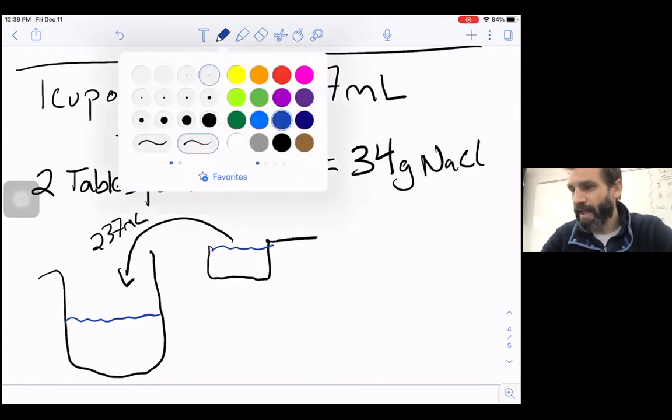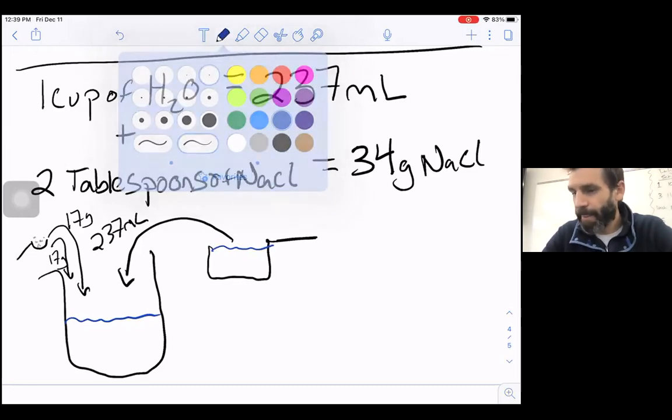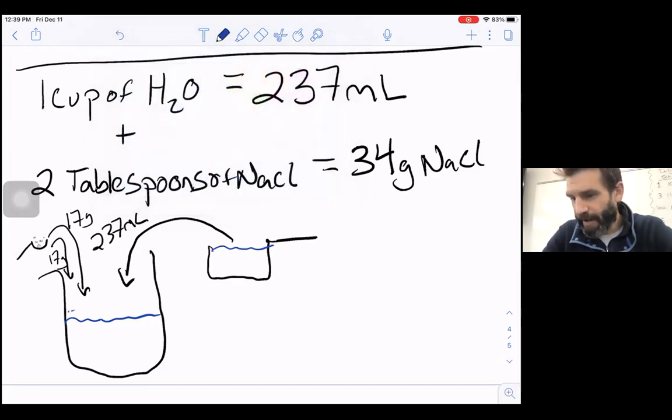And now if I take a little spoon of salt and add that in once, that's 17 grams, and then add it in again, 17 grams, my level of water is going to rise a little bit, right? Because that salt is going to take up some space. So the total mass of this solution is a little bit more now.